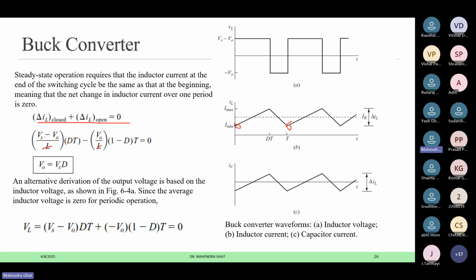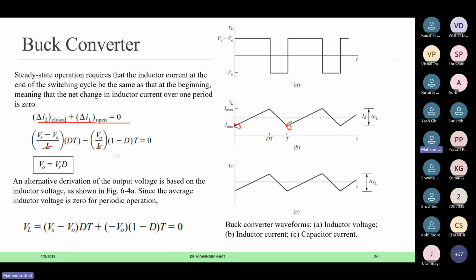So Vs dT minus Vo dT minus Vo T plus Vo dT. The Vo dT terms will get cancelled.